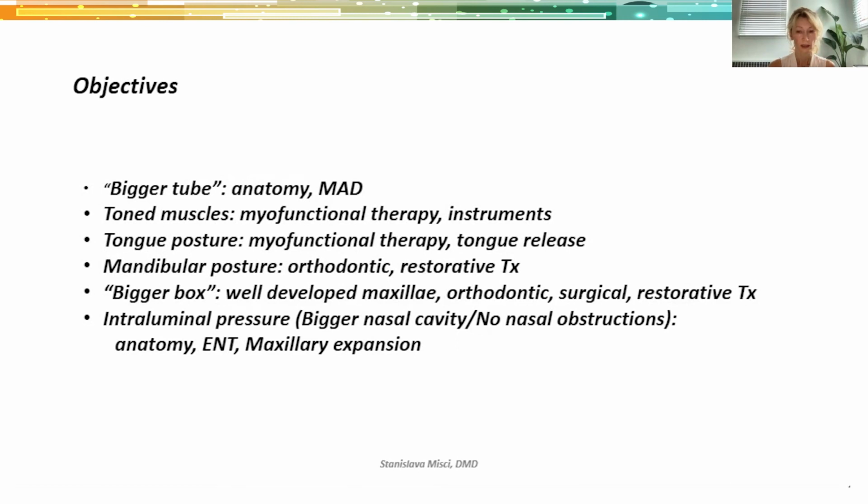So these are our objectives as restorative dentists, that we want to be looking into these points and see what we can do, how we can change things, how we can make things better for the patient. And when we're doing this, we're not trying to treat the sleep apnea, but we are just trying to work with the medical team and create proper development of the child or our young adults, so we can have a healthy adult later in life to deal with.